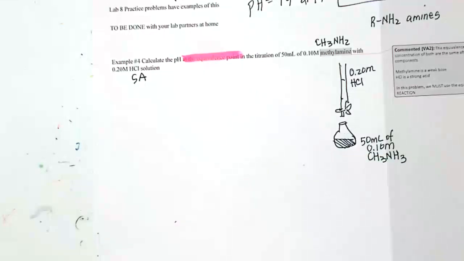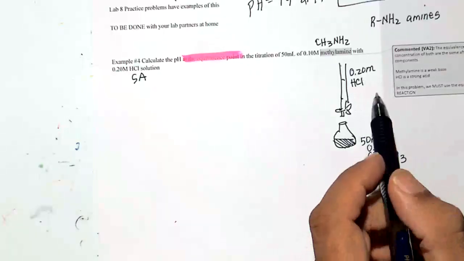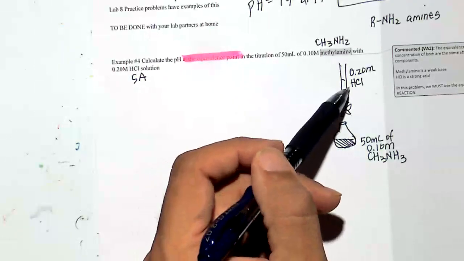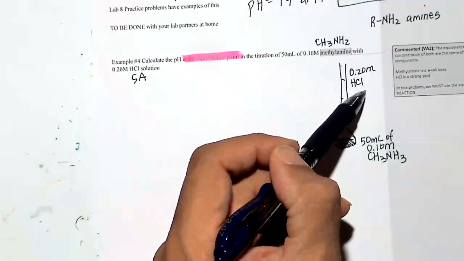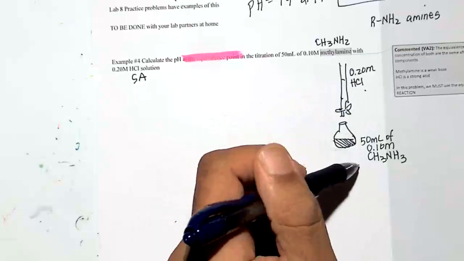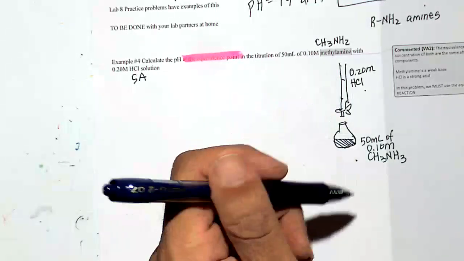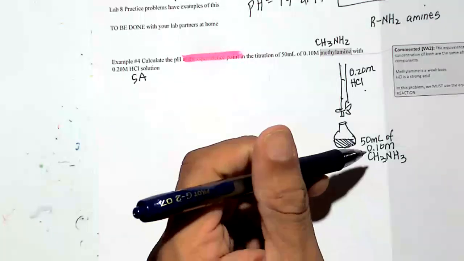Is there any particular reason why it's the acid in the burette and the base in the flask, or does it matter? It's just a type of titration. You could do it the other way. Usually, what they like to do, Allison, is have the strong one here that you're reacting against the weak one. But you can do any titration against anything, really.